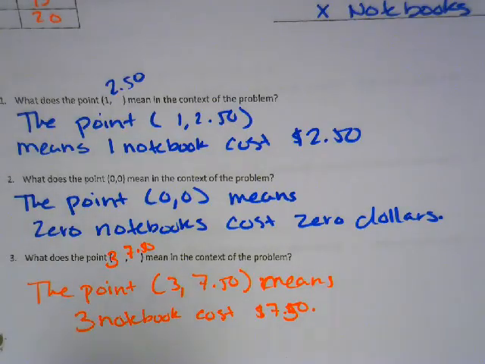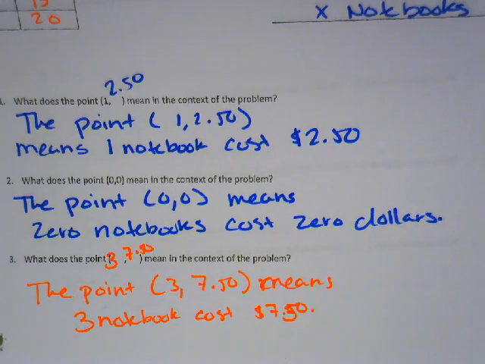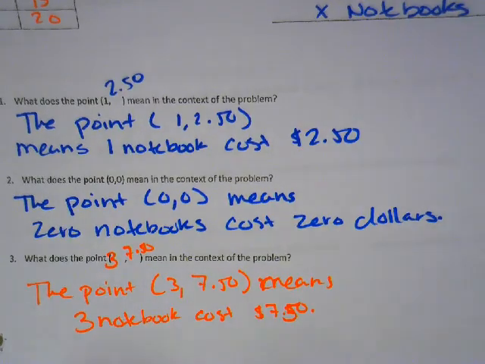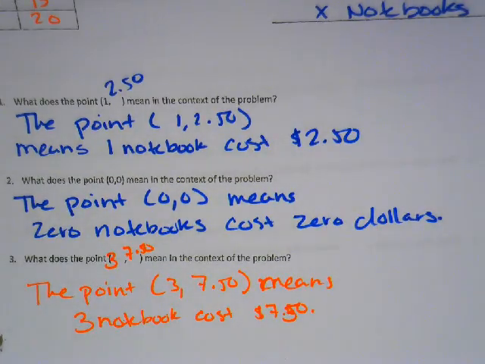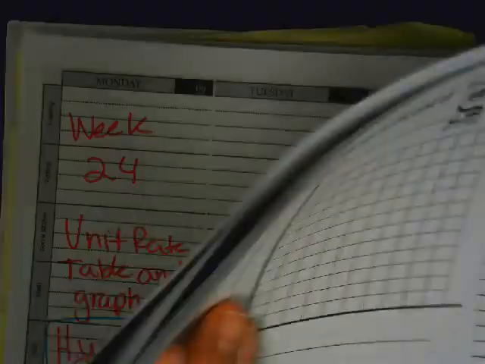I don't think you should copy word for word. Instead of just reading the sentence and going, oh, okay, let me just write it down. The point 3, 7.50 means 3 notebooks cost $7.50, and then he would just write it all down. Smarter. You definitely worked harder.